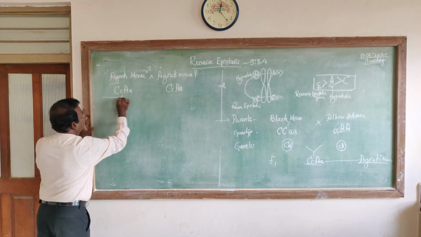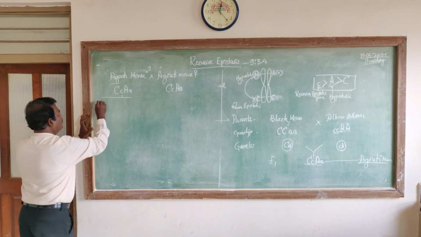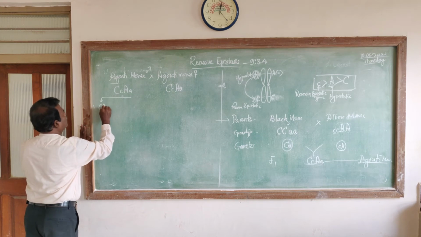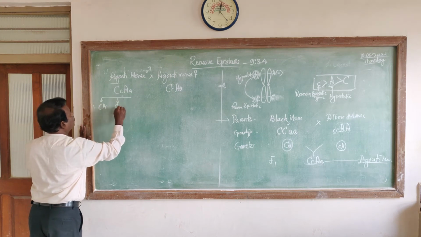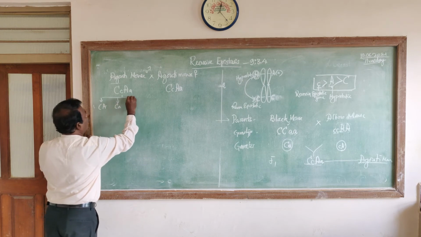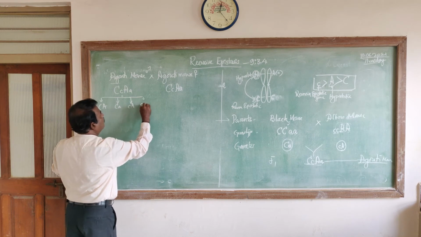Then their respective allelic combinations during gamete formation could be of 4 types: one type called capital C, capital A, another type called capital C, small a, third type called small c, capital A, and fourth type, that is small c, small a.